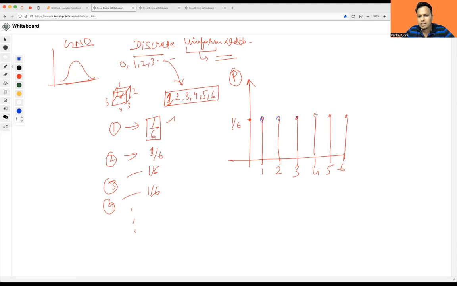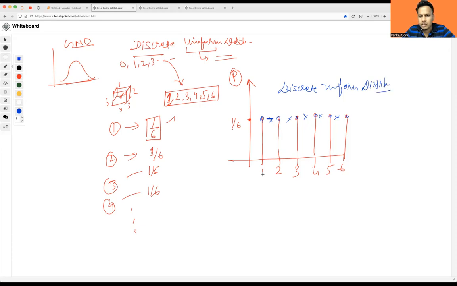It is kind of a stem plot, I would say. Directly a point, and there's a vertical line. You don't see any number here. If you see numbers in between, that means it is getting converted to continuous, which you'll see after this. There will not be any number between 2 and 3, 3 and 4, 4 and 5, and 5 and 6. So that's why this is called discrete uniform distribution.